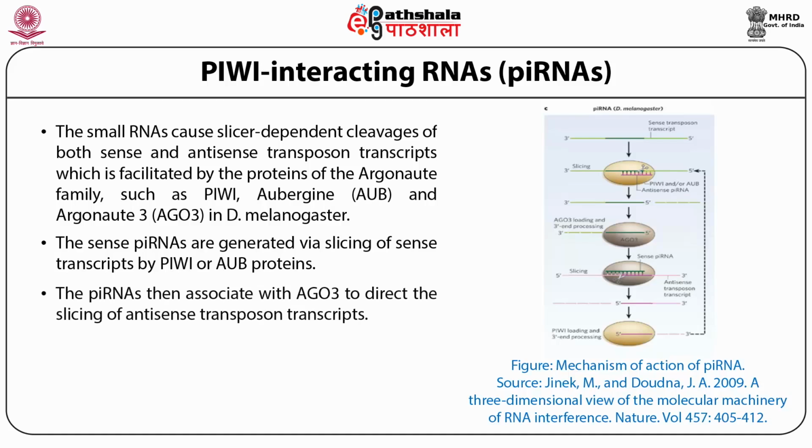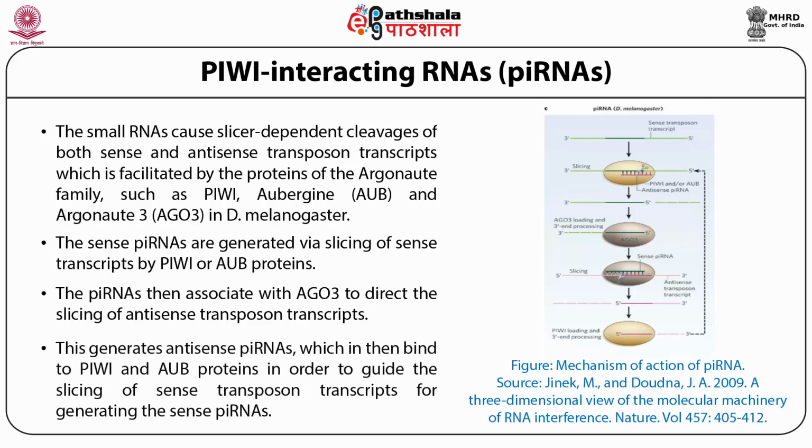The piRNAs then associate with AGO3 to direct the slicing of antisense transposon transcripts. This generates antisense piRNAs, which in turn bind to PIWI and AUB proteins in order to guide the slicing of sense transposon transcripts for generating the sense piRNAs, and this process continues.